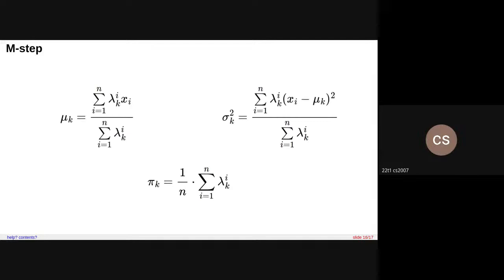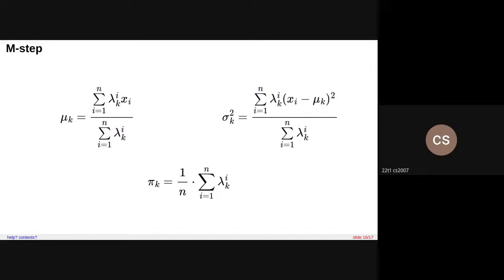The M step again looks formidable, but it is quite simple to understand. So mu k is nothing but some kind of a mean of data points. If all lambda ik's were 1, it would be just the mean. But lambda ik's are not 1, so it is what is called a weighted mean.